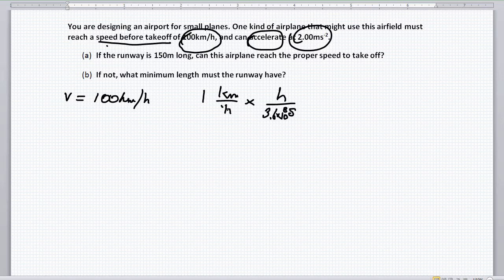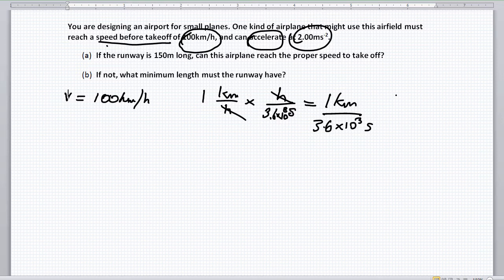So I can now cancel out the hours, and I've got that being equal to 1 kilometer divided by 3.6 times 10 cubed seconds. What do I do with these metric prefixes? What are they shorthand for? K. 10 cubed, right.